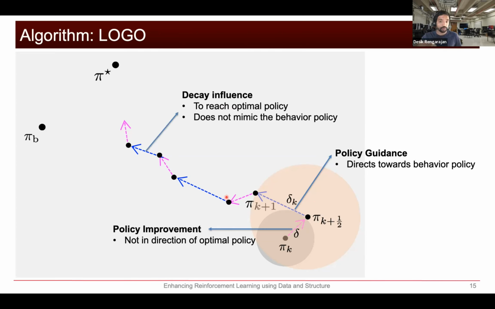As we go ahead in our learning process, we do not want to end up at pi b because pi b is suboptimal. So to reach the optimal policy, we decay the influence of the behavior policy. This ensures that after a few steps of training, we start moving in the direction of the optimal policy. So this is the summary of our algorithm.